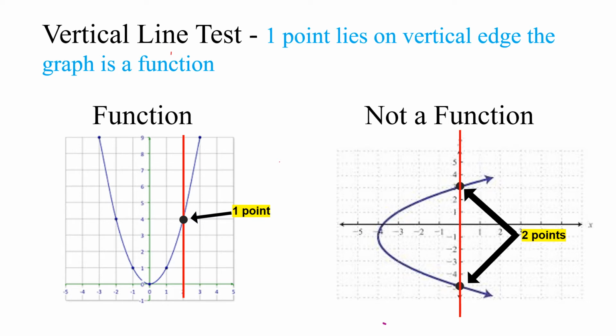As the vertical edge moves from the left to the right or right to the left, only one point lies on that red vertical edge, which means that this is a function. But if you look at this graph right here, now that red vertical edge is being intersected by two of the points on that graph. So this is not a function.